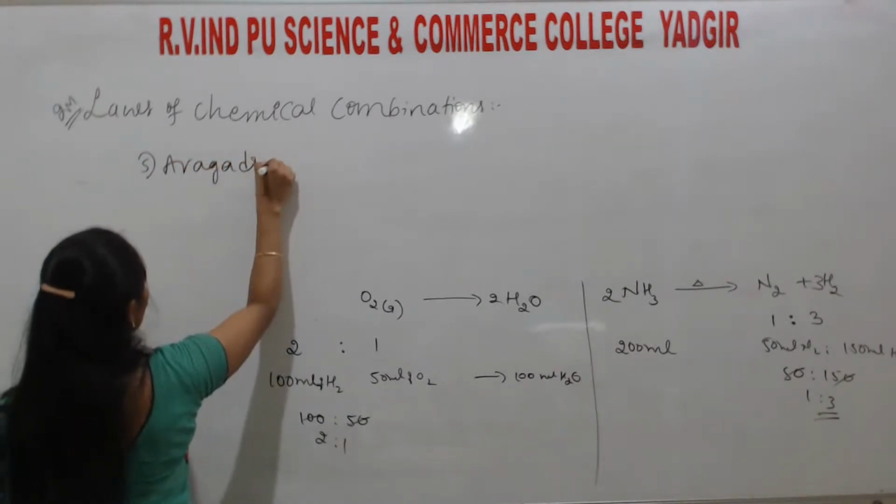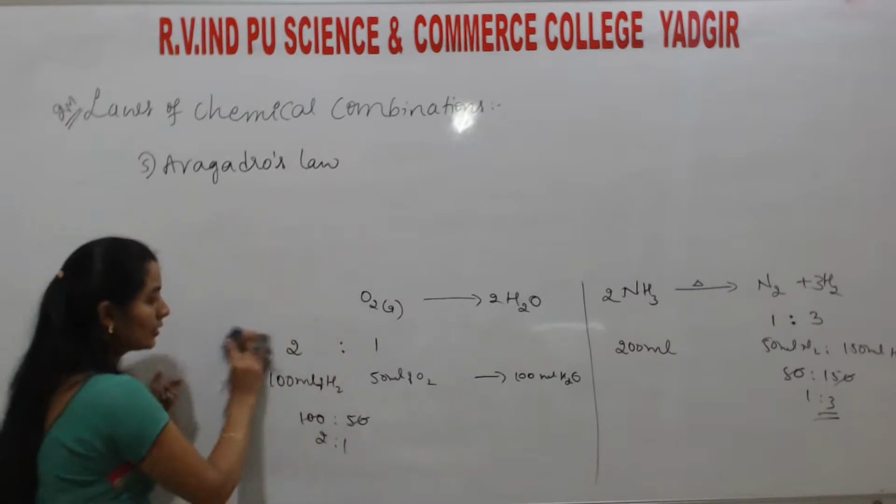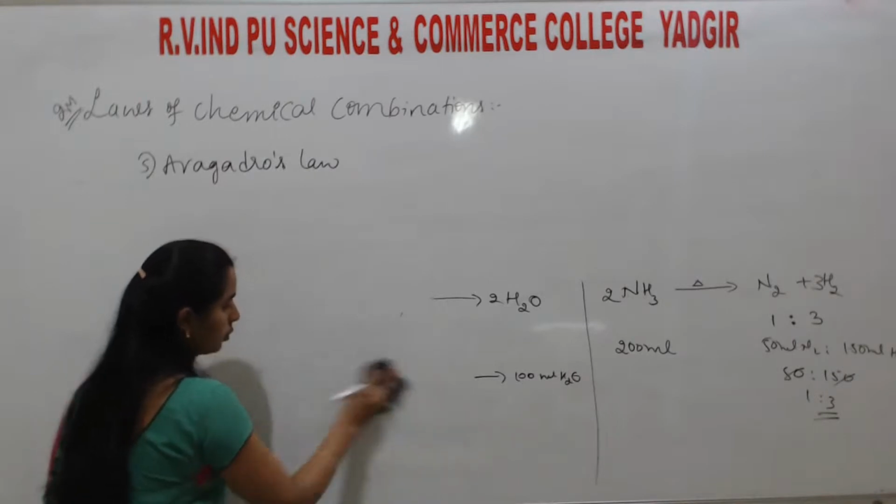So the last one is Avogadro's law. Why is it called like this? Because this law was proposed by the scientist Avogadro.